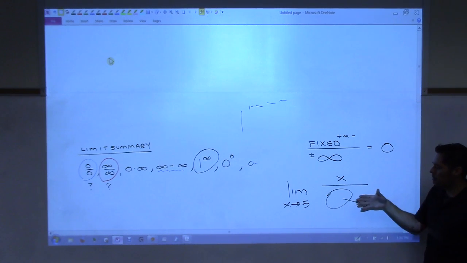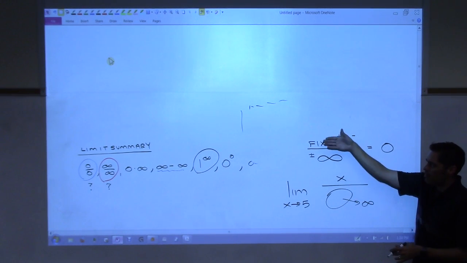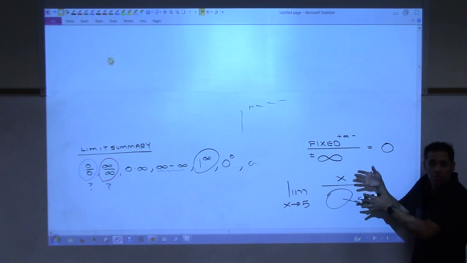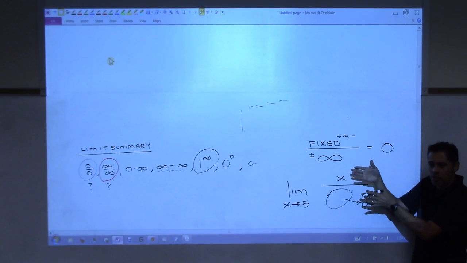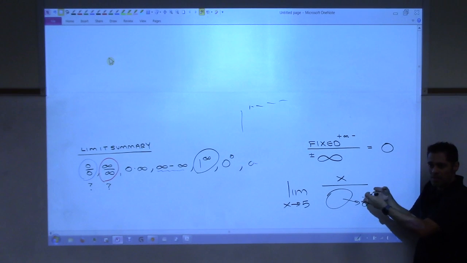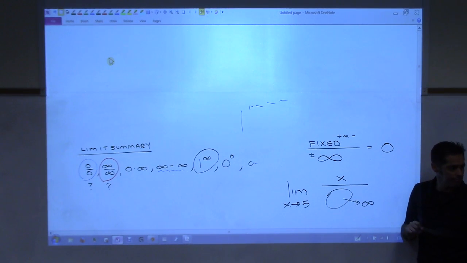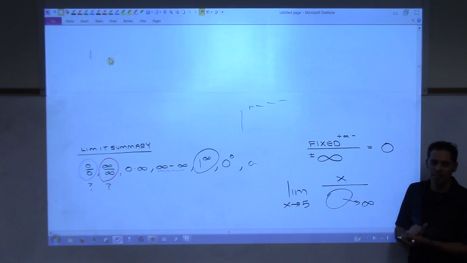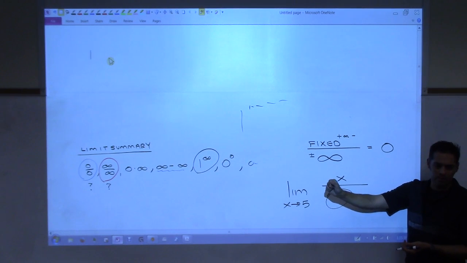Then you have a number on top that's kind of staying where it is and the bottom just grows. And we know that when you have a fraction, if the numerator stays the same, the denominator gets big, the ratio gets smaller, and it goes to 0. Yeah? You okay with your number sense on there? It approaches 0. Does it ever get there? Not necessarily. But the limit, remember, doesn't ever tell us what's happening when we get there. It's what we're approaching as we go.